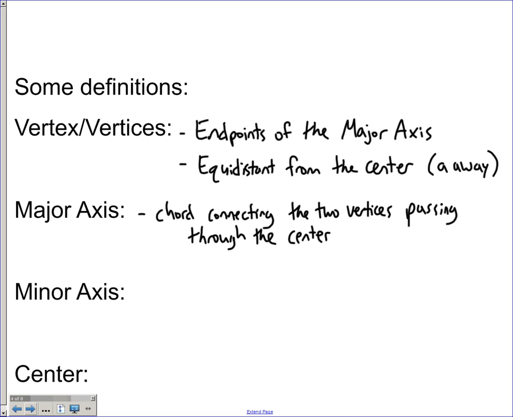A chord runs from one edge of the ellipse to the other edge. This one goes straight from vertex to vertex going through the center, and it's going to have a length of 2a, and we labeled that also on the diagram.